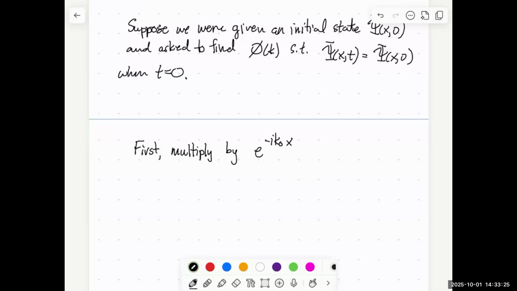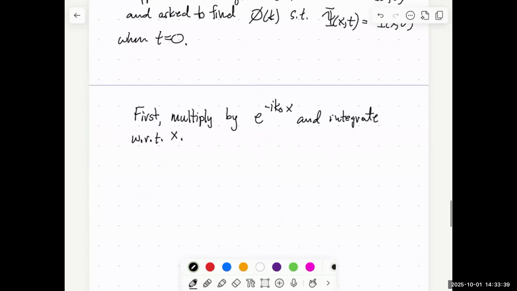And after we multiply by this factor, we're going to integrate with respect to x. Okay, so we want the integral of psi of x,0, this was our given initial state, multiplied by this exponential factor, and then integrated with respect to x. So that's the left-hand side.